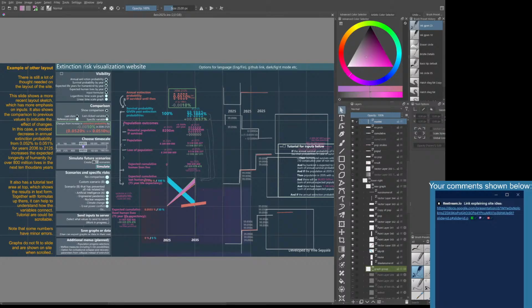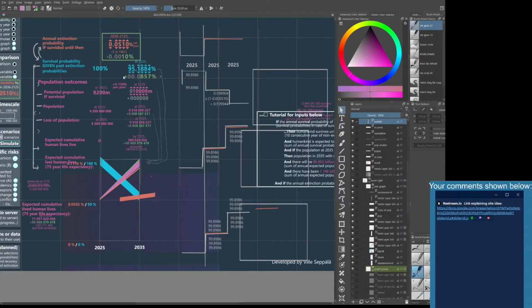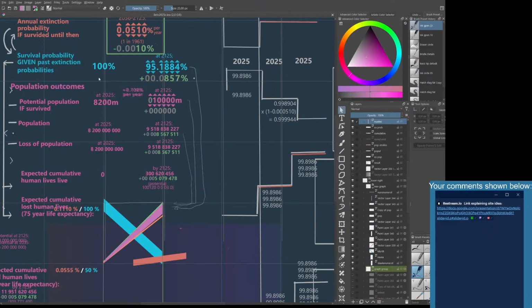This is maybe the newest one, or this is something that I had in mind before I started this. There's some elements here. Where is it zooming? Let's see. What was I thinking?